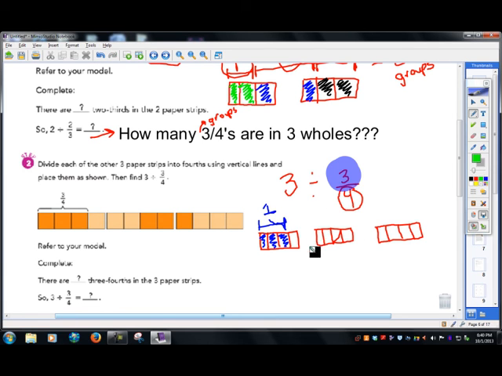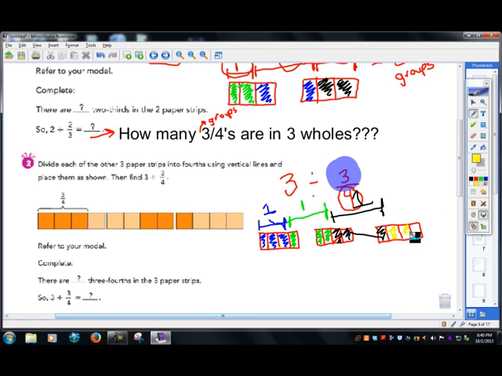Okay, let's do a different color. Let's look for a group of 3. 1, 2, 3. That is one group. It really does help to use colors here, so you guys are more than welcome. 1, 2, 3. That is one group. Okay, and then we'll use yellow. Hopefully you can see that.